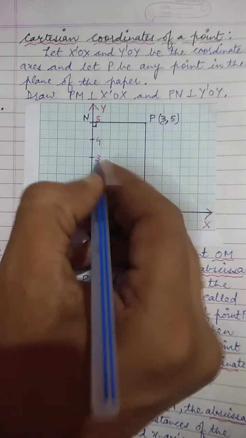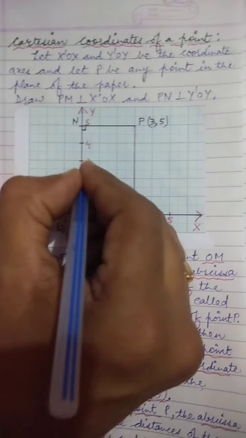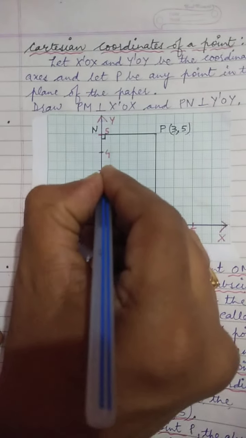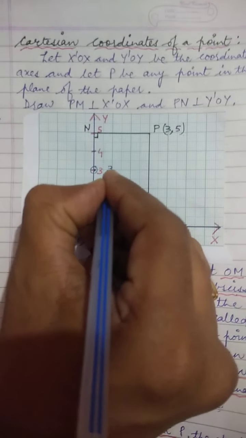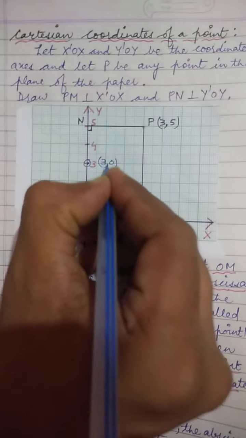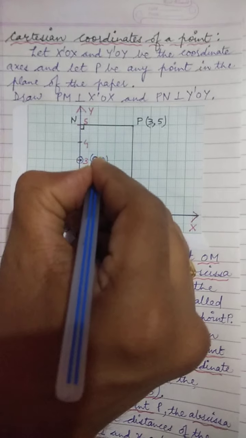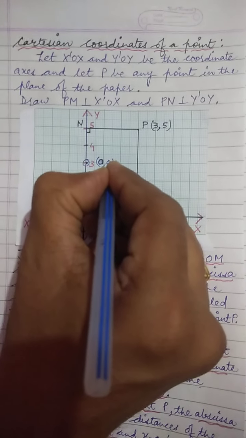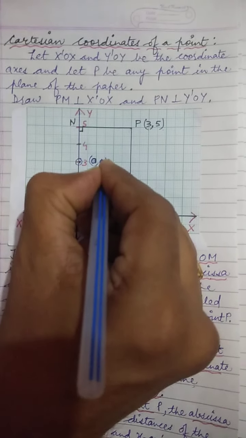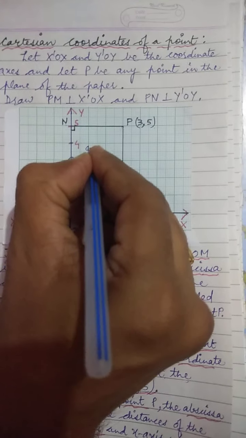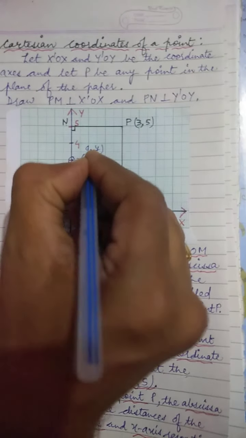So any point on this y-axis will be of the form (0, y).